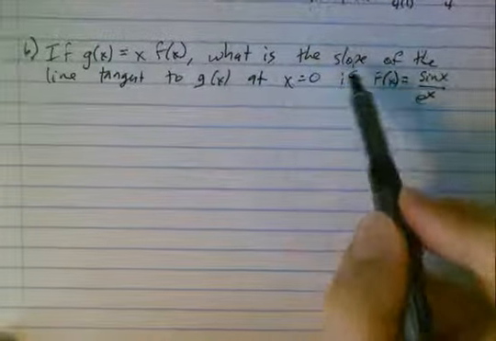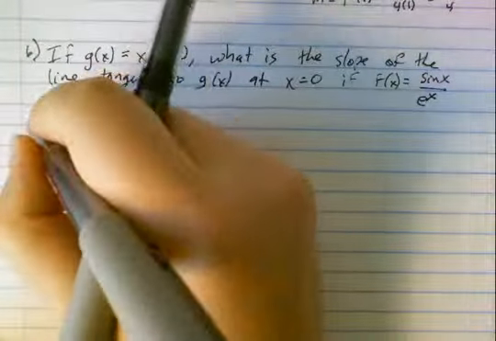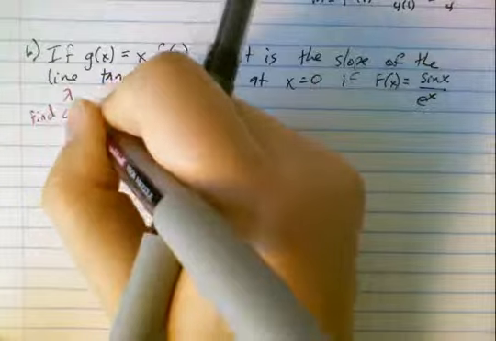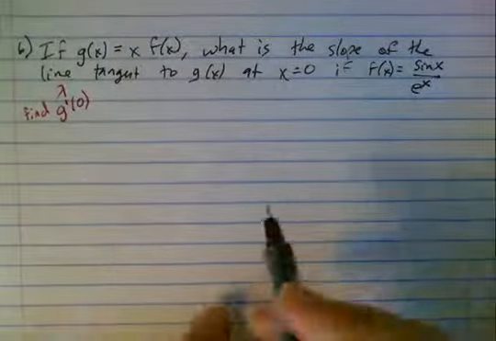We're just asking for the slope of the tangent line, so this really means find the derivative g prime of 0. That's all this really was asking for.